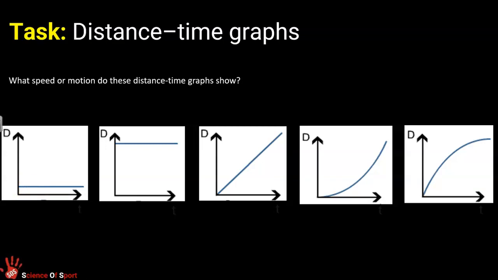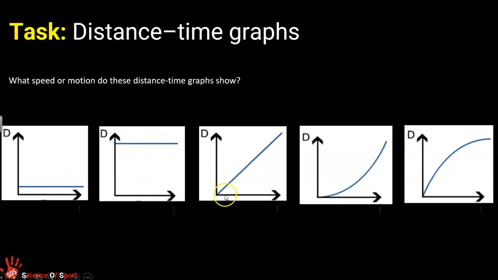Therefore it is still, and the velocity would be 0. The second graph here, over time, whilst the current position is further away, i.e. higher up this axis, the position of the object is still not changing. And this again would mean that the object is stationary at 0 velocity. It's probably just further away than this object.